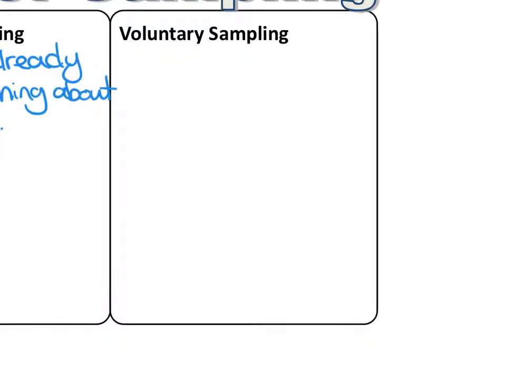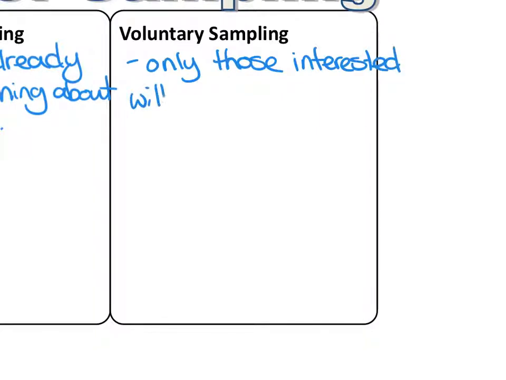And the last one is voluntary sampling. Now this basically works where you put it out there, and only those interested will respond.